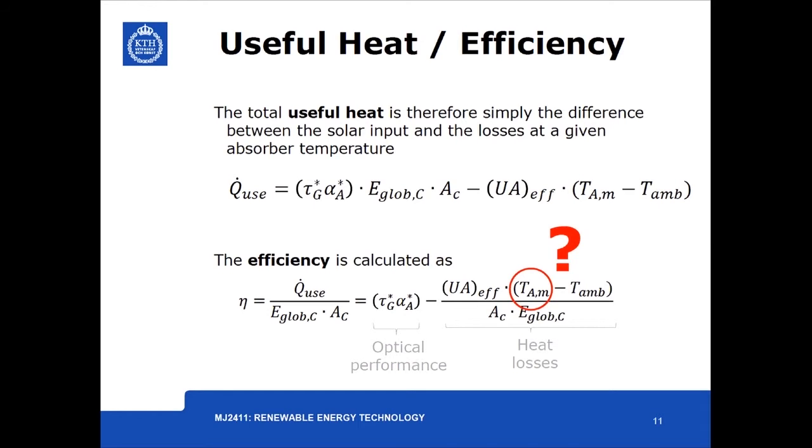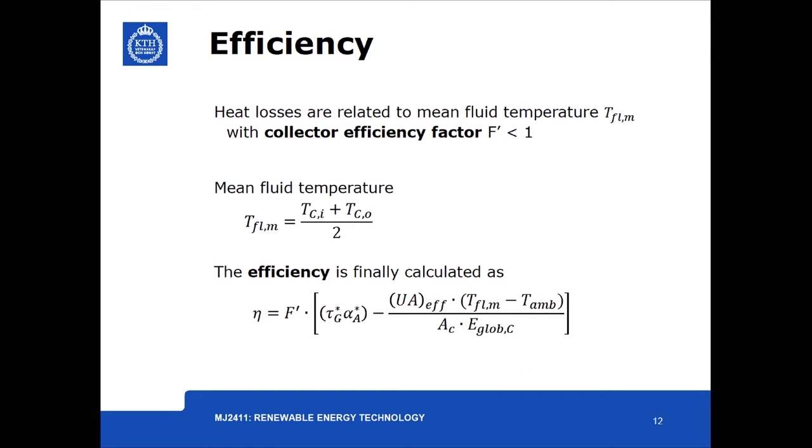In this slide, we have the temperature T_AM, which is the mean absorber temperature, which is not that easy to calculate. In order to make the calculation of the efficiency simpler, we would like to replace the mean absorber temperature T_AM with the mean fluid temperature. In order to do so, we need to change the equation of the efficiency slightly.